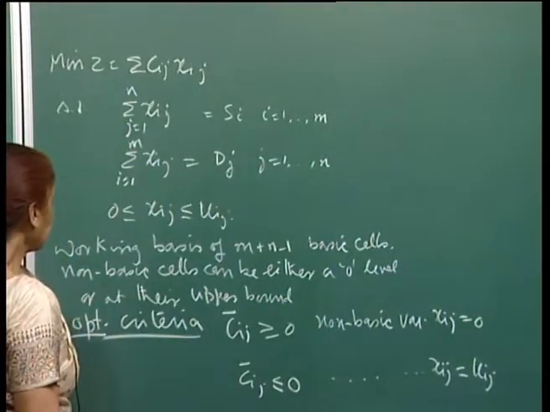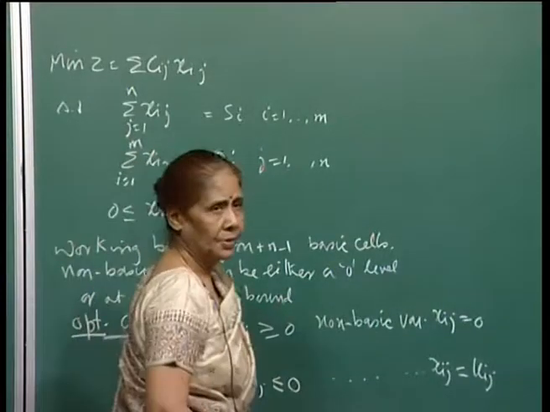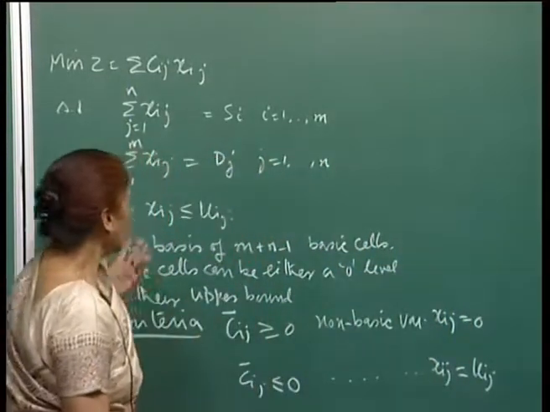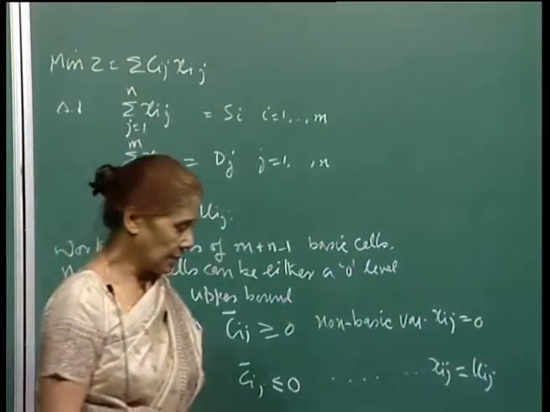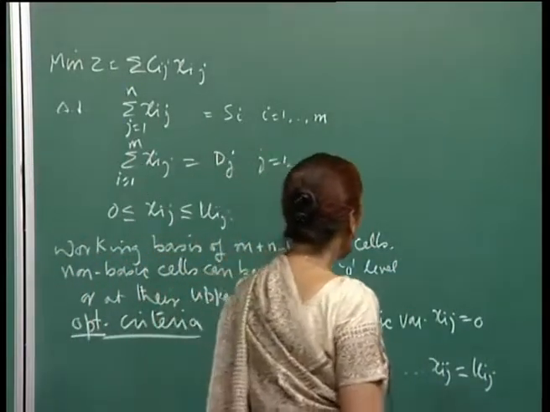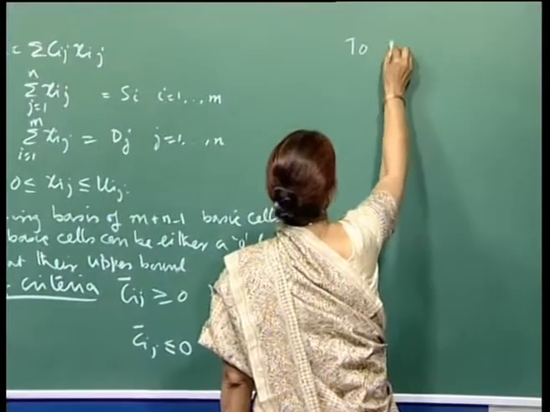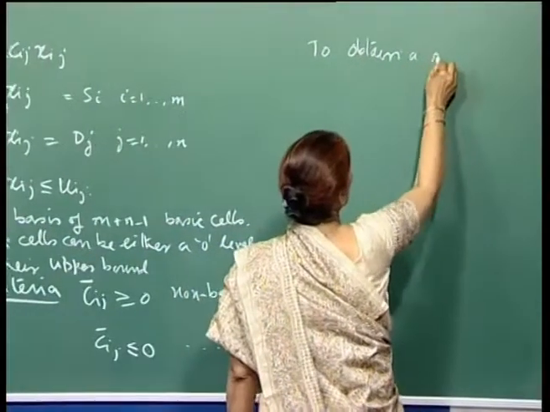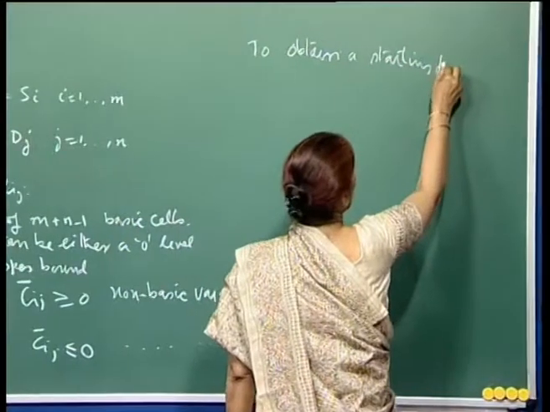Now, how do we get a starting feasible solution? For the uncapacitated or unbounded transportation problem, it was very easy to get a starting feasible solution. Of course, one can use phase 1 to obtain a starting feasible solution.